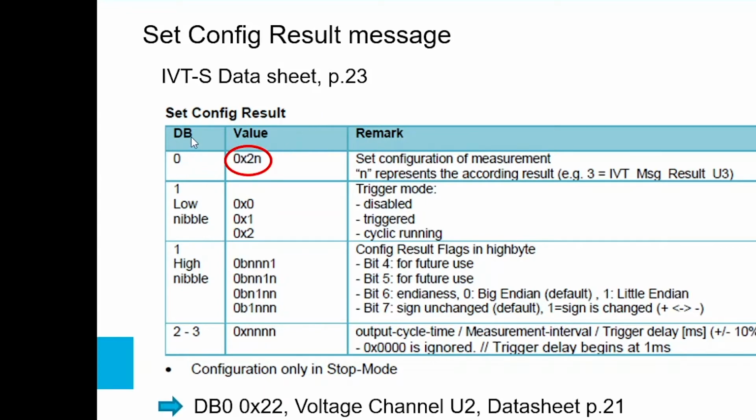Now, the first thing we want to do is to configure data byte 0, and in data byte 0 we will have to choose what channel we will actually configure. The low nibble here of data byte 0 represents the actual channel that we will have to reconfigure. The high nibble is gonna stay at 2.